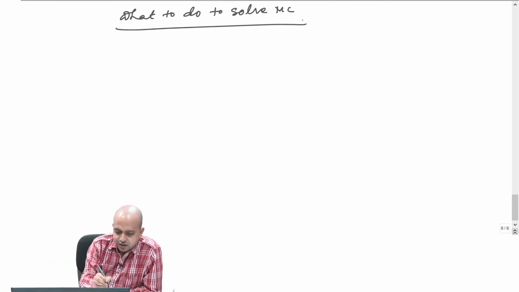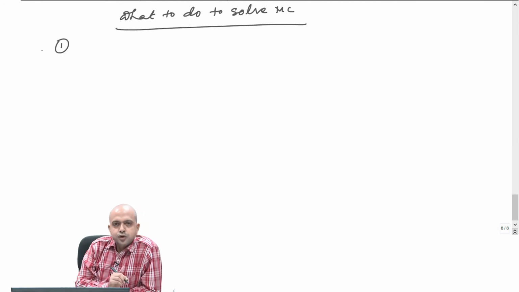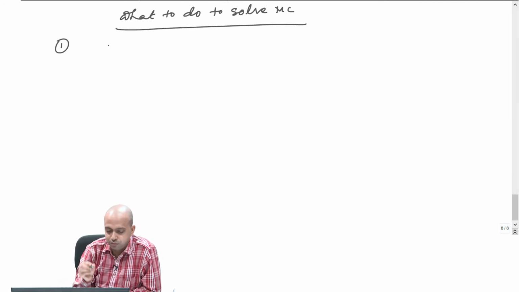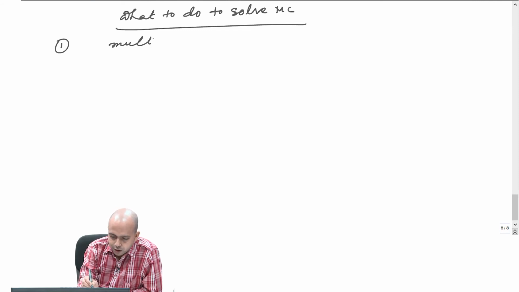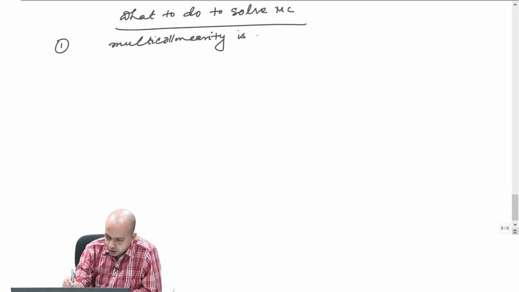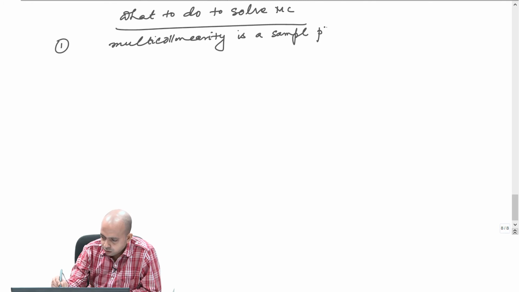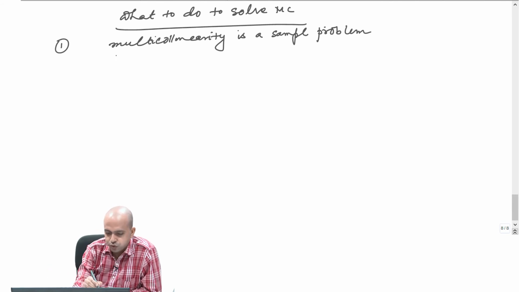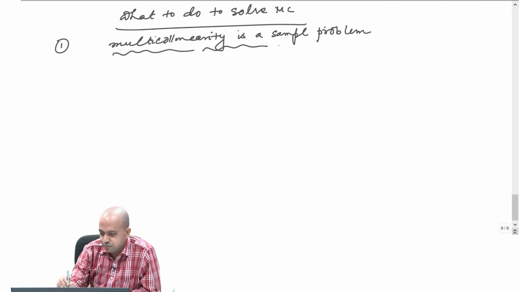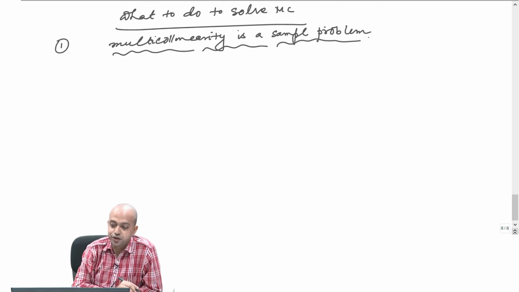Now, in this context, econometricians generally say that multicollinearity is a sample problem. This is a very, very important statement I am making. They say that multicollinearity is a sample problem. So, that means we need to modify our sample appropriately to solve the multicollinearity problem.